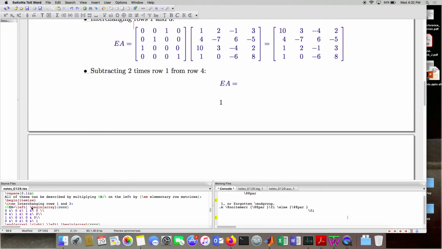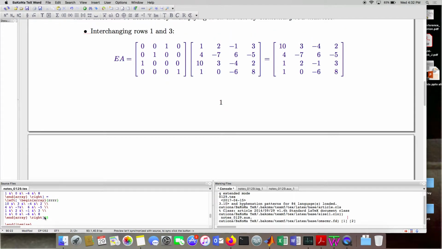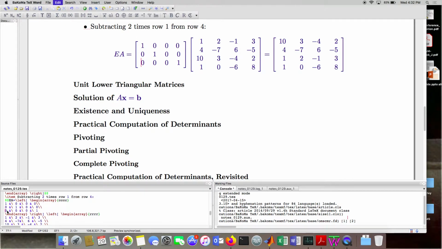All right, so first what I'm going to do is I'm going to restore the identity matrix. So what I'm going to do is I want to take 2 times row 1, so 2, 0, 0, 0, and subtract it from row 4.